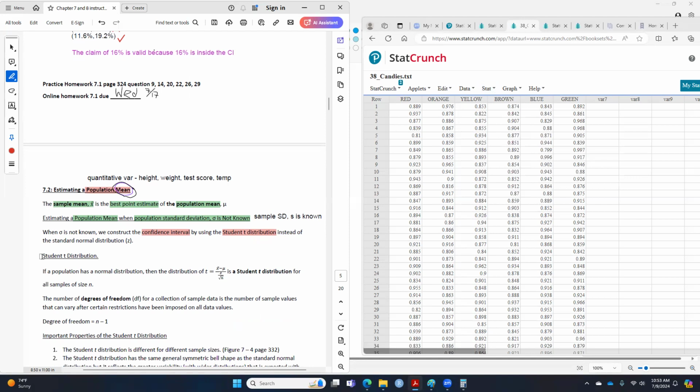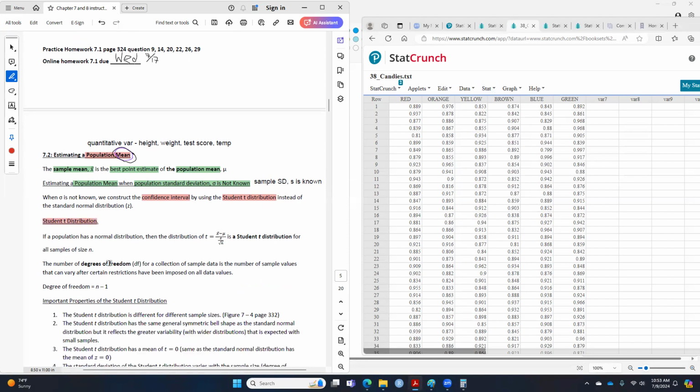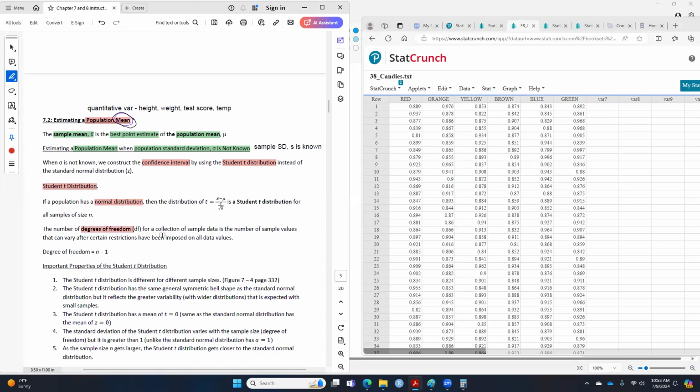So what is a student T distribution that you need to know? A student T distribution is kind of like a normal distribution, meaning symmetrical: low, high, low.